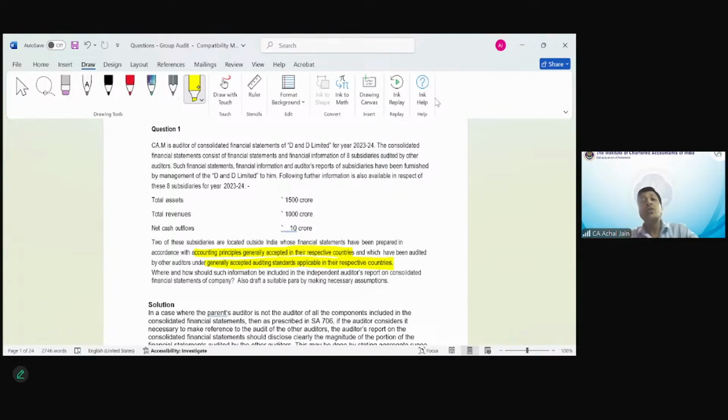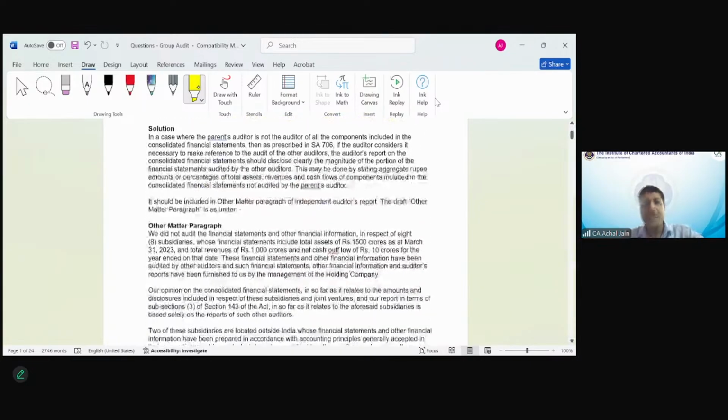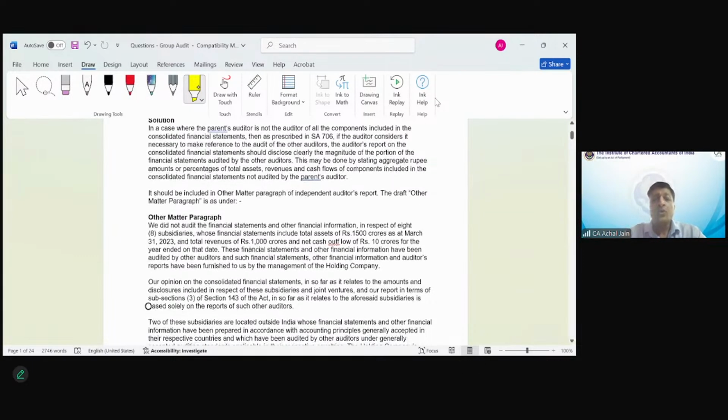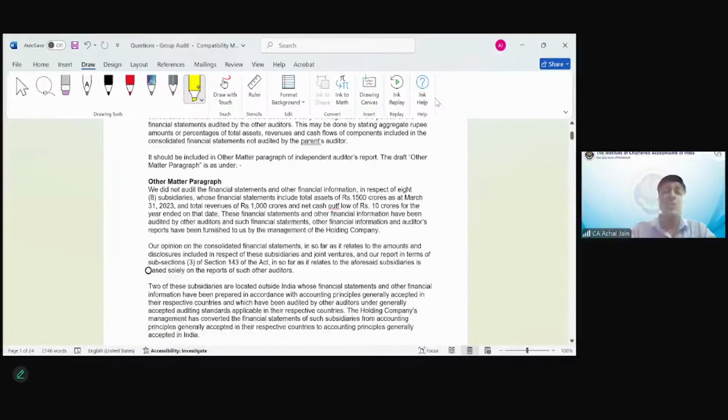Also, you need to draft the suitable para by making necessary assumptions. So let's understand how this will be reported and how this will be drafted. So let's read this. Okay. So this needs to be captured in a section of the audit report which you call the other matter paragraph.